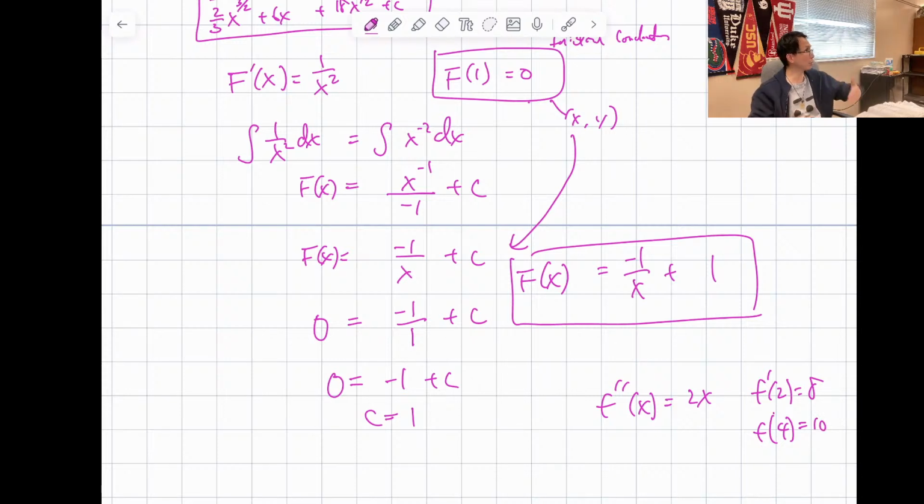You have to go from the second derivative, take the integration to get to the first derivative. But you're going to have plus c. Once you find the value of c, then you can do it again, and you can find the original function. So sometimes you might have to do it twice.